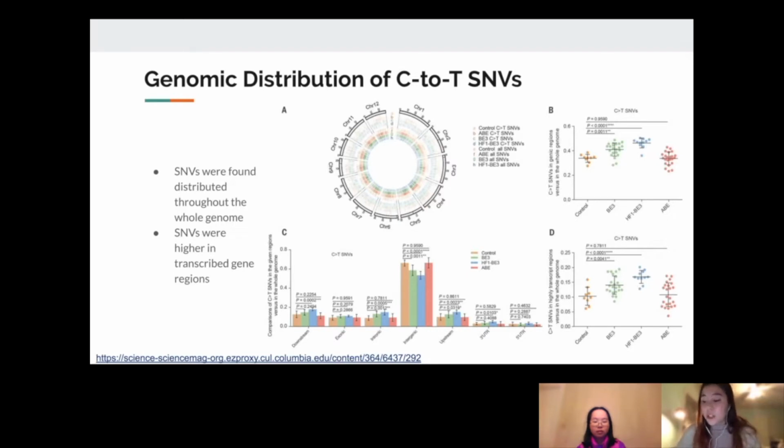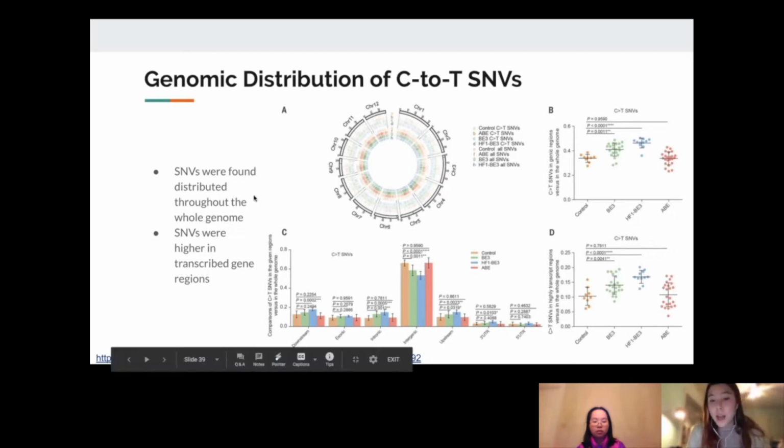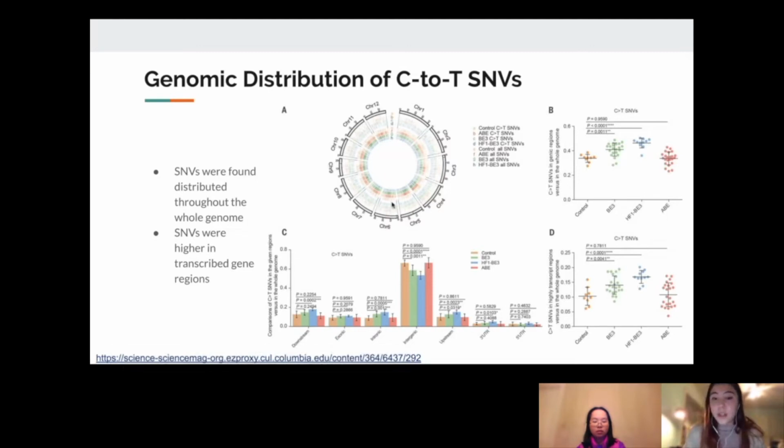Their off-target mutations were mainly C to T single nucleotide variants, which is consistent with their function in that they tend to replace CG pairings with TA pairings. And we can see through the analysis of this last slide that these mutations are pretty much located throughout the entirety of the genome.